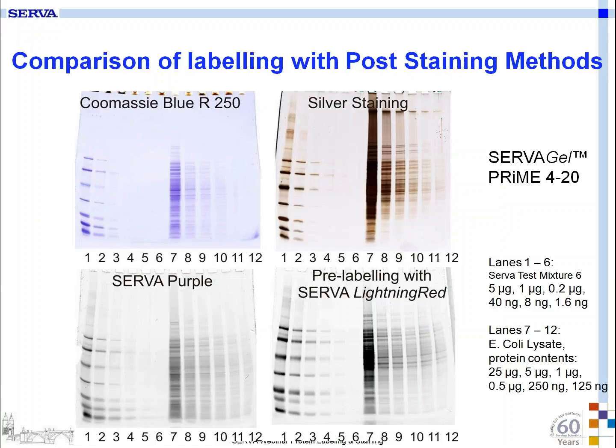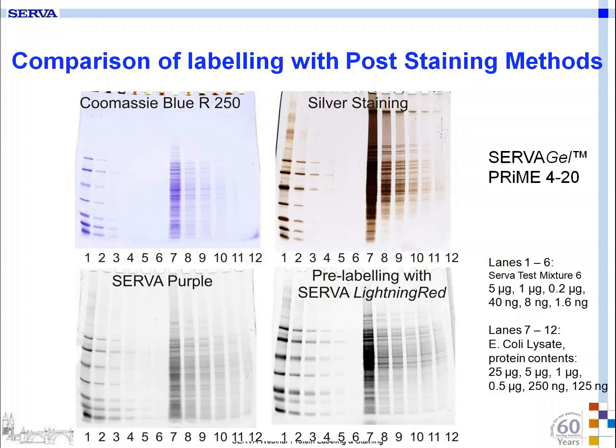And this is a comparison we have done before. So you have on the upper left side the Coomassie blue staining, right beside it a silver staining, then on the bottom left the SERVA Purple, and on the bottom right side the pre-labeling with the SERVA Lightning Red. Always the same sample, same line, and so on.